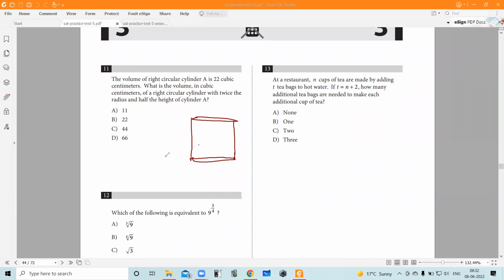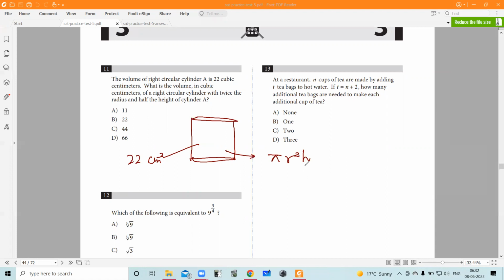It has a volume of 22 cubic centimeters. And it's asking what's the volume in cubic centimeters of the right circular cylinder with twice the radius and half the height. What is the formula given in the SAT for the volume? Pi r squared height. Correct.